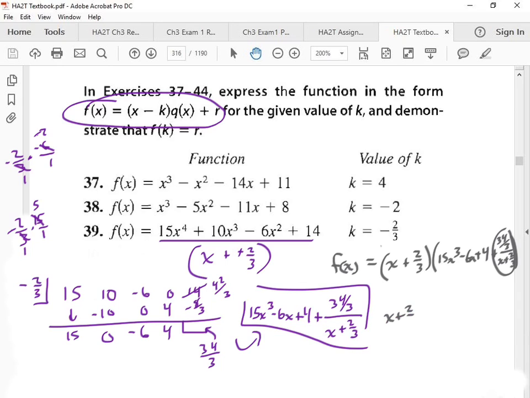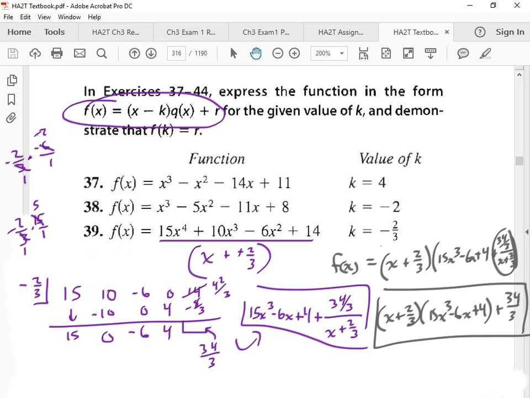X plus 2 over 3, 15x to the third minus 6x plus 4, and then plus 34 over 3. That's how you write it. This is your remainder. This is your answer, the Q. And this is what we divided it by. And that's your x minus k.